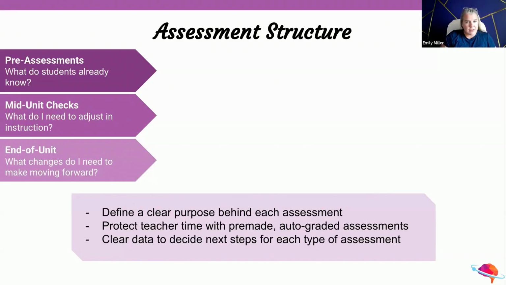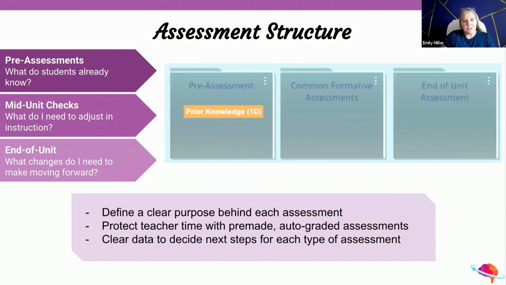The way they ensured they were meeting these goals is, the first thing is how they built the assessments. Their pre-assessments were built with prior knowledge one-dimensional questions and core content one-dimensional questions. So these questions are DCI only, content only. Prior knowledge is looking at knowledge from an earlier grade level band, and core content is looking at knowledge from that grade level band.